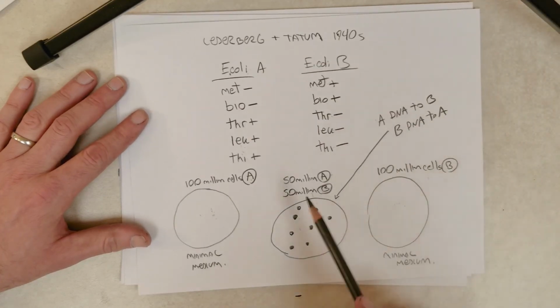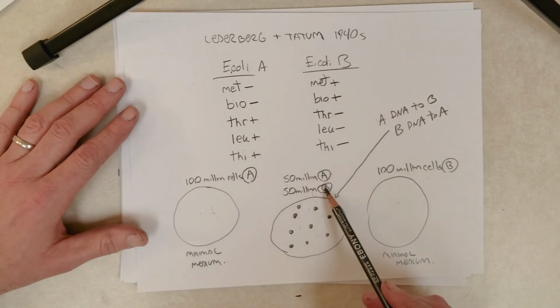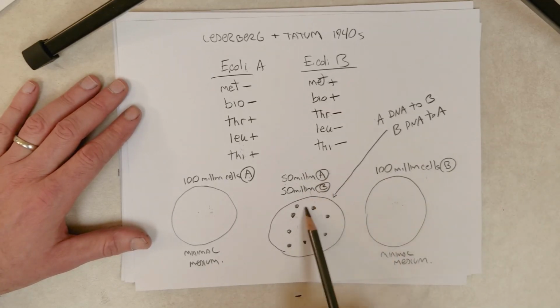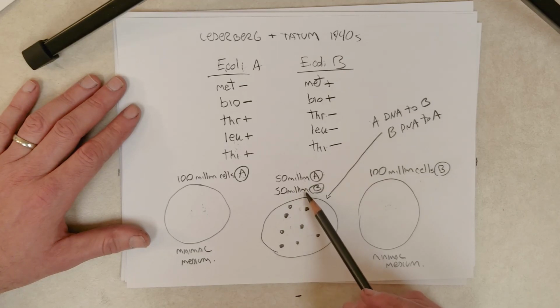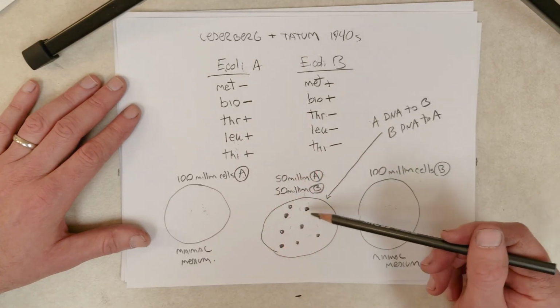So it can't simply be nutrient leaking from A and B picking up the nutrients, or B leaking nutrients that A is picking up. They have to touch for whatever phenomenon we're seeing here. And it turns out that we think it's conjugation. We think conjugation is what allowed Lederberg and Tatum to get these results.